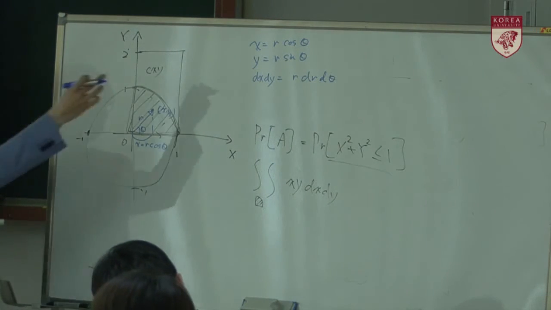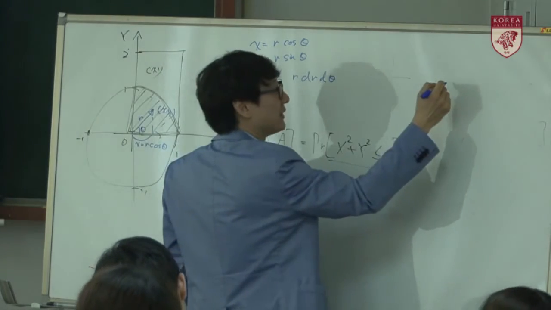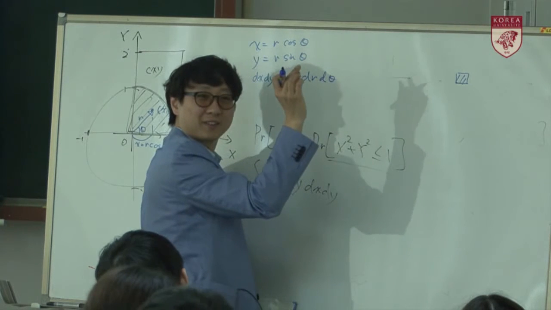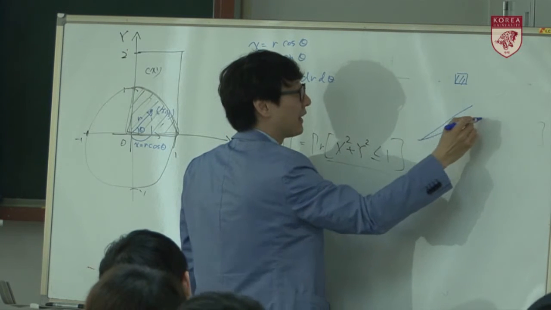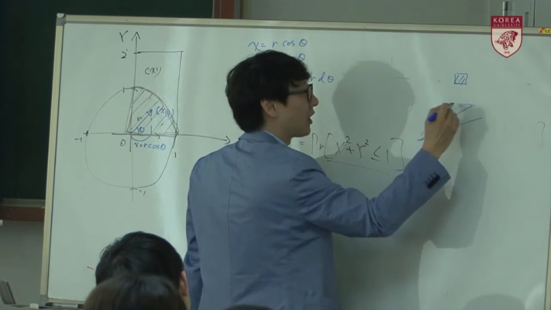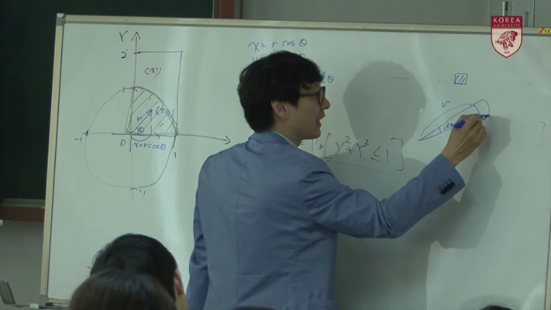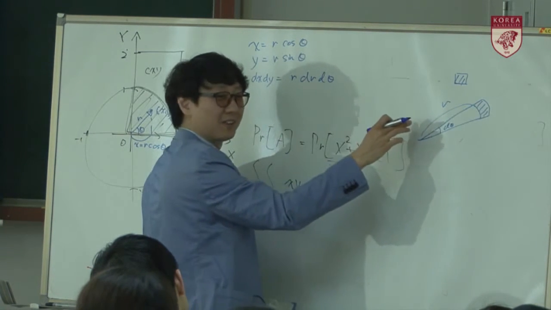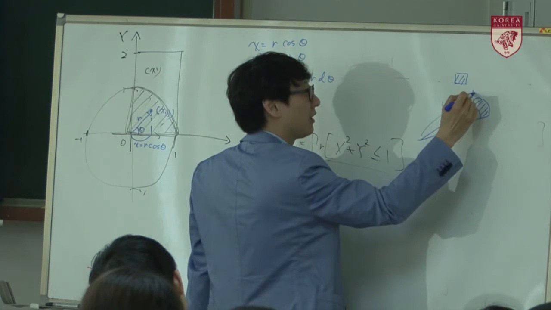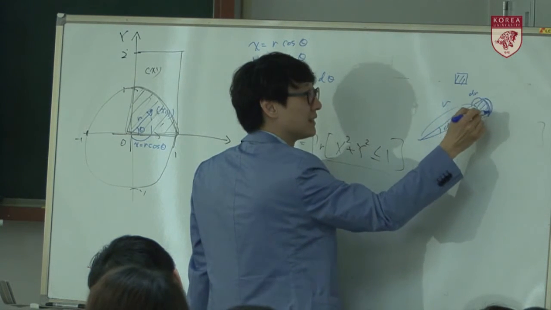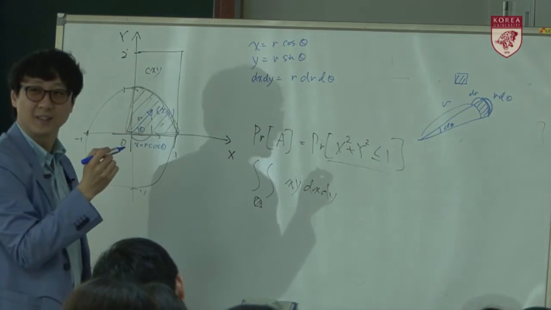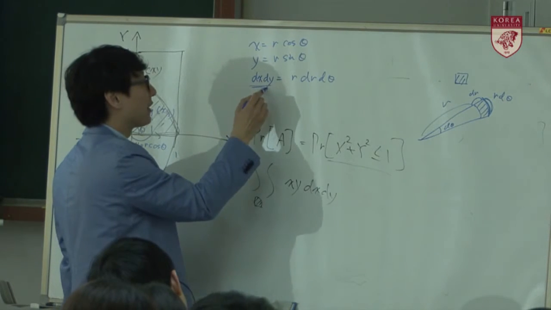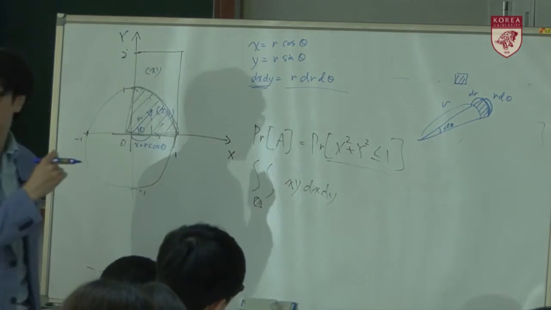Dx and dy mean the very small area, and in the polar system, this small area has one side dr and another side of length r d theta. So this small area becomes dr times r d theta.